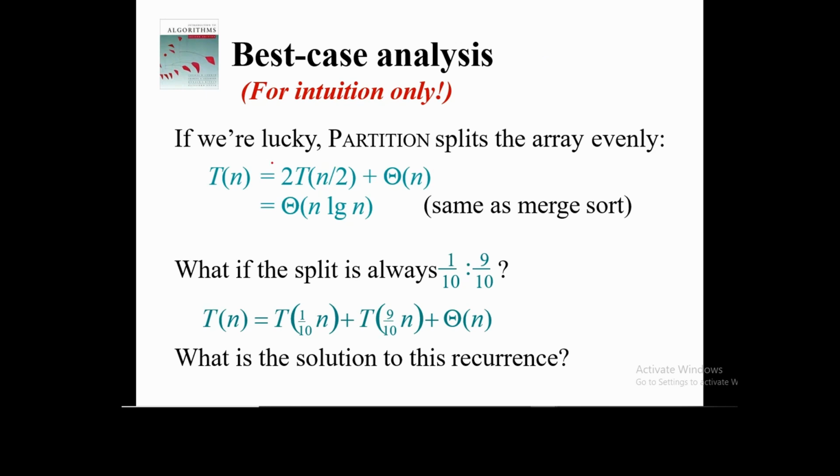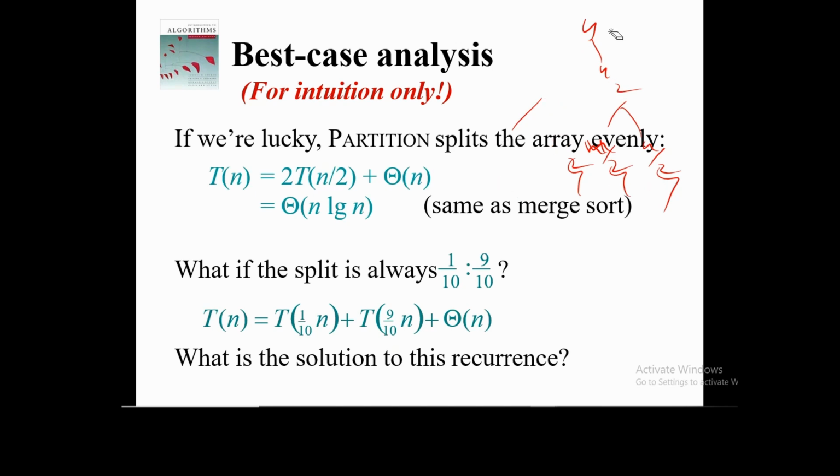But assume the partition is always of equal size, meaning every time the list is divided into 2 parts, and each part contains the same number of elements: n by 2, n by 2, n by 4, n by 4, like this.